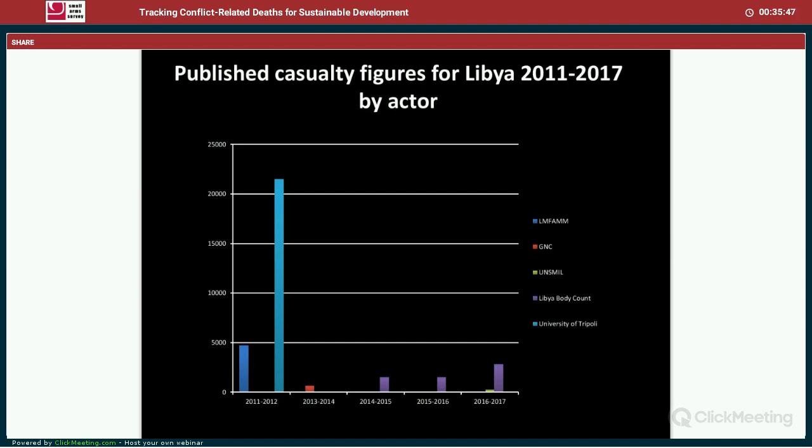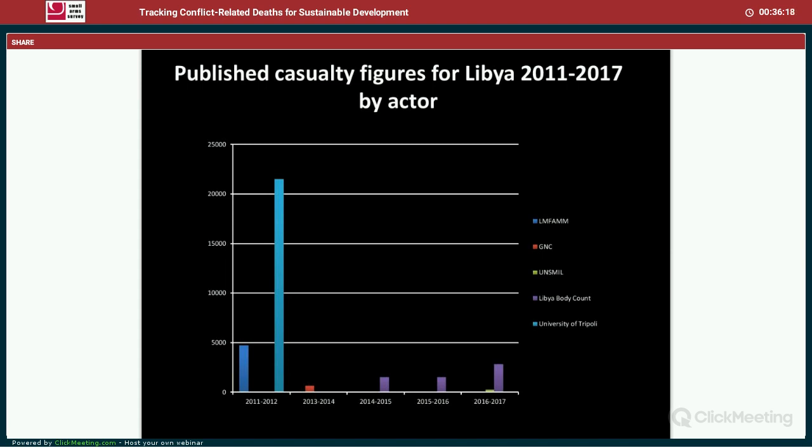In 2011 and 2012, the survey, which had a much higher mortality rate, is compared to the government number issued by the Libyan Ministry of Martyrs. Later, this past year, the comparison is between LibyaBodyCount, which was media-based, and the United Nations Support Mission in Libya.